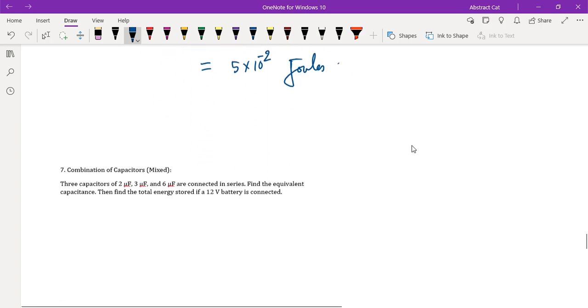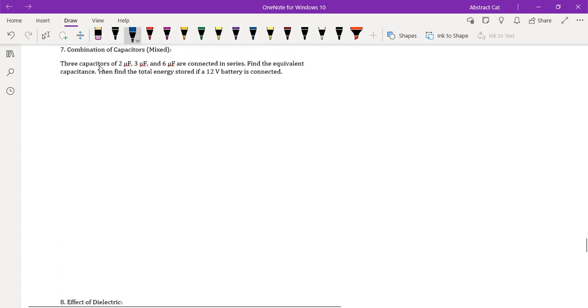Now question number 7. Combination of capacitors. There are 3 capacitors, 2 microfarad, 3 microfarad and 6 microfarad, connected in series. Find the equivalent capacitance and the total energy stored if a 12-volt battery is connected. So easy. If they are connected in series, we know that for the total capacitance, series means 1 by something.